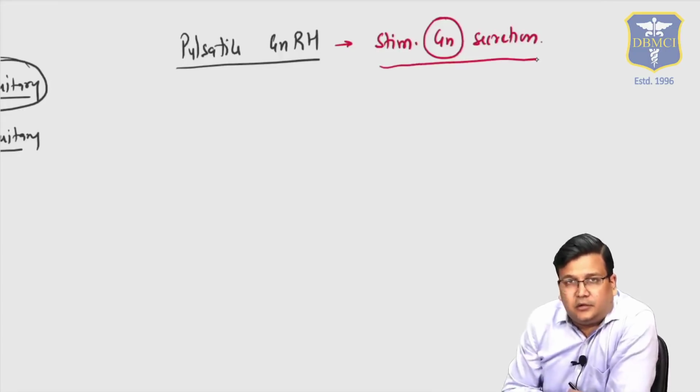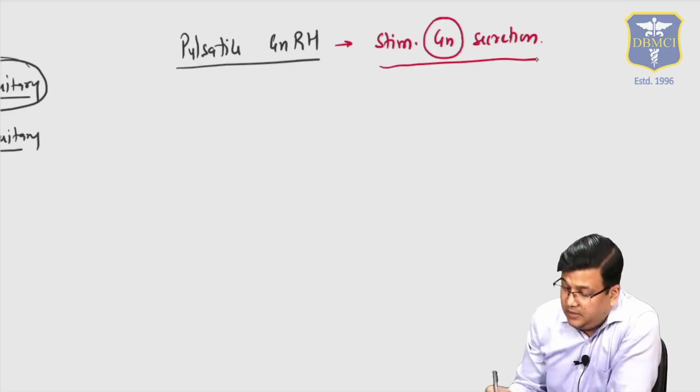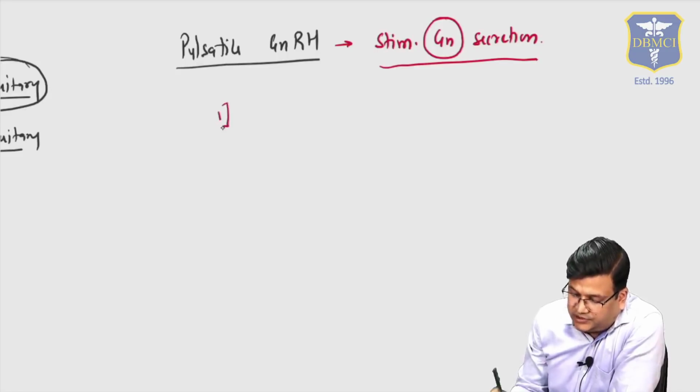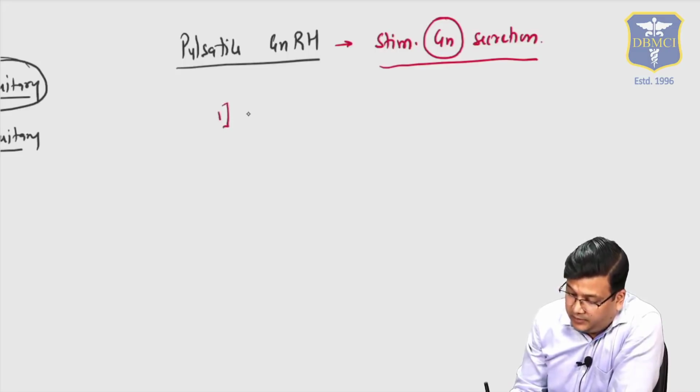In males they will act on testes, in females on ovary, and the testicular or ovarian function will go up. So what are the possible situations which can be treated by giving pulsatile GnRH? Number one, delayed puberty.